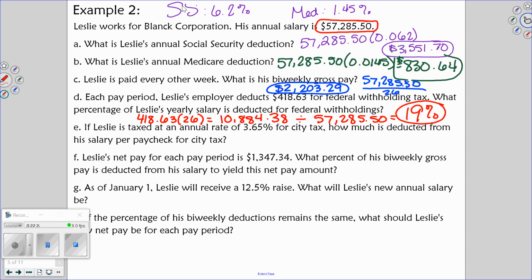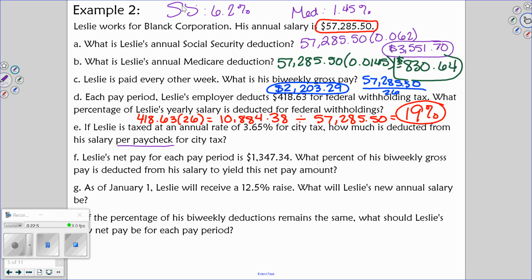All right. Part E. If Leslie is taxed at an annual rate of 3.65% for city tax, how much is deducted from his salary per paycheck for city tax? So since it's asking per paycheck, what dollar figure do I need to work with off my board? It's blue, right here.